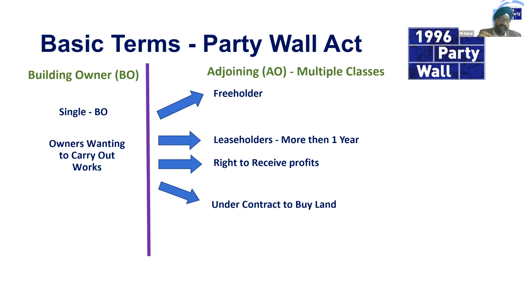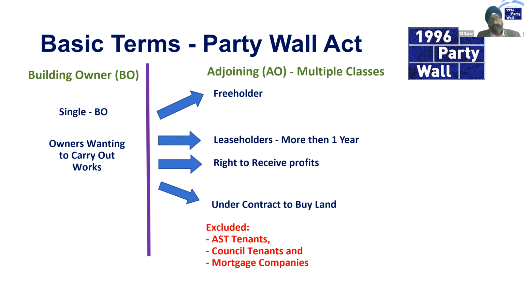If a party is contracted to buy land, they become notifiable owners. So that's the one to watch out for. It can be quite onerous, and we always try to engage the people who are contracted to buy land as quickly as possible. That's your best case scenario for doing that.